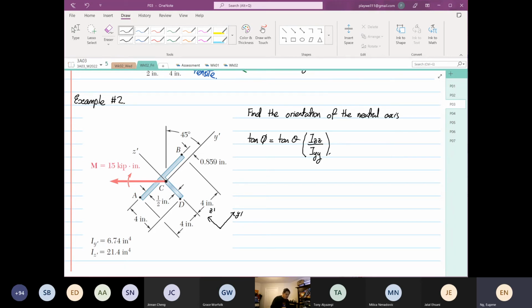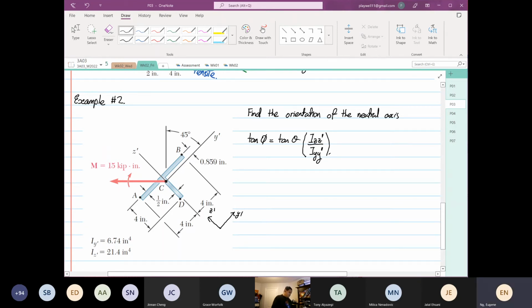Whatever we do, this axis, y prime and z prime, on this formula, if I were to rewrite this formula, this is in fact Izz prime and Iyy prime.